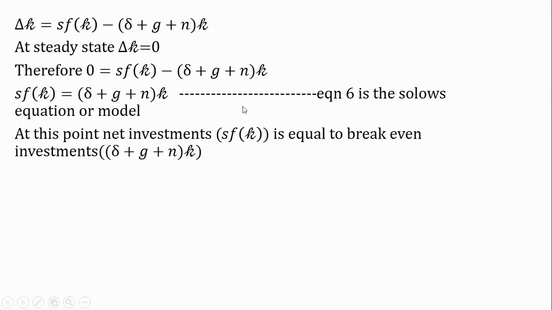So growth will not be forever according to the Solow's growth model, because one, we have diminishing marginal returns, and then our capital output ratio is not fixed. So this is not all with the Solow's growth model. We still have to go ahead and look at other things like the golden rule level of capital.